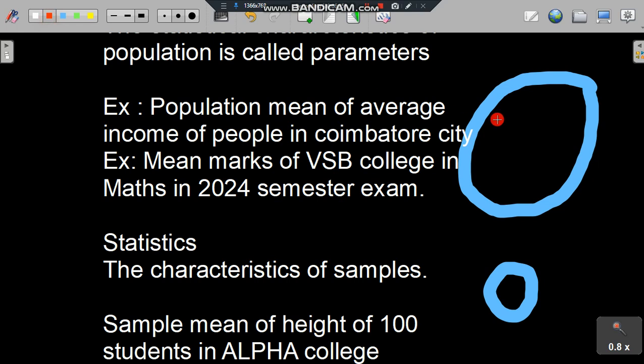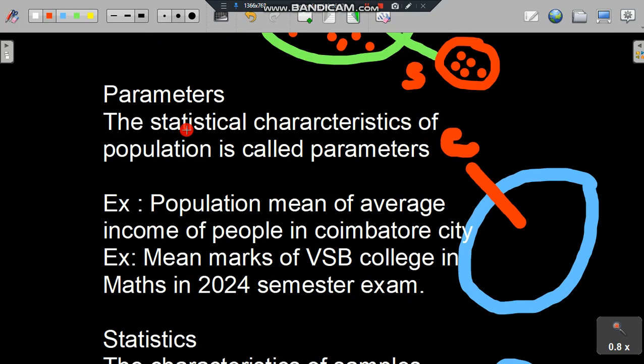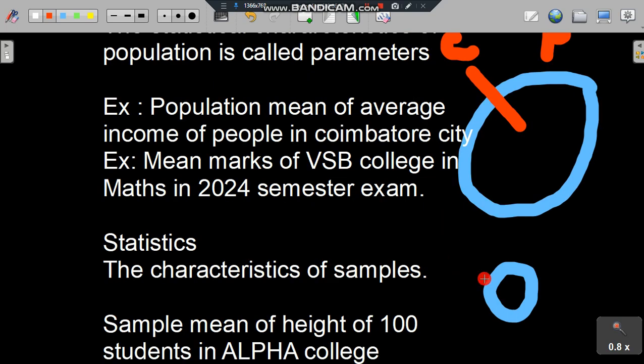Any characteristic of the population, whether the mean, standard deviation, kurtosis or correlation, whatever it may be, is called a parameter. Whereas any characteristic connected to the sample is called a statistic.